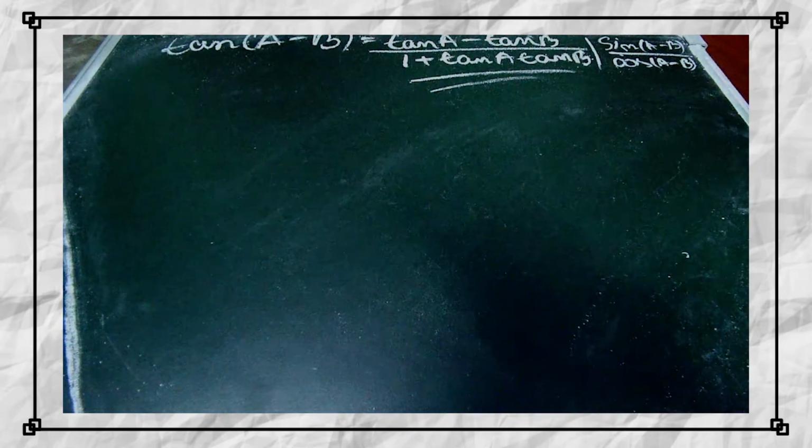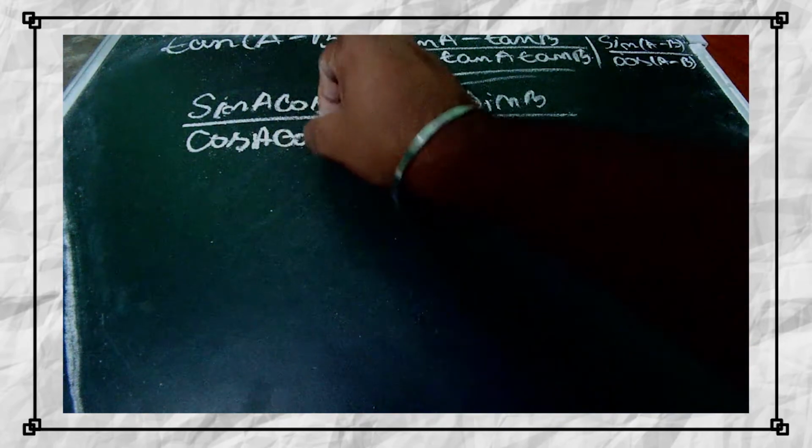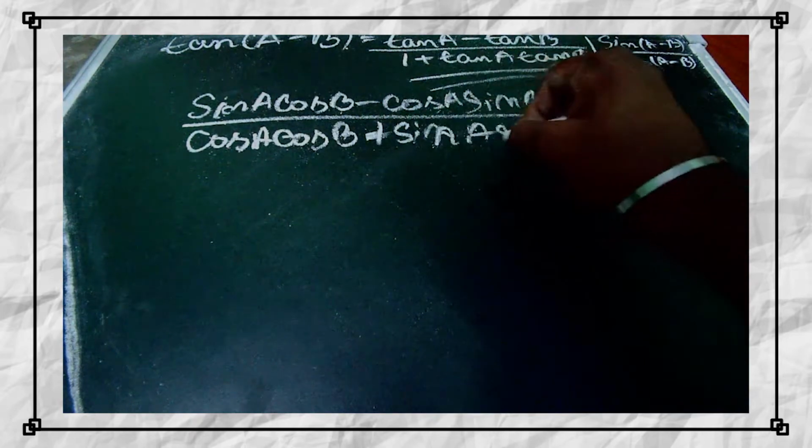So sin of a minus b by cos of a minus b: the value of sin of a minus b is sin a cos b minus cos a sin b, and cos of a minus b is cos a cos b plus sin a sin b.